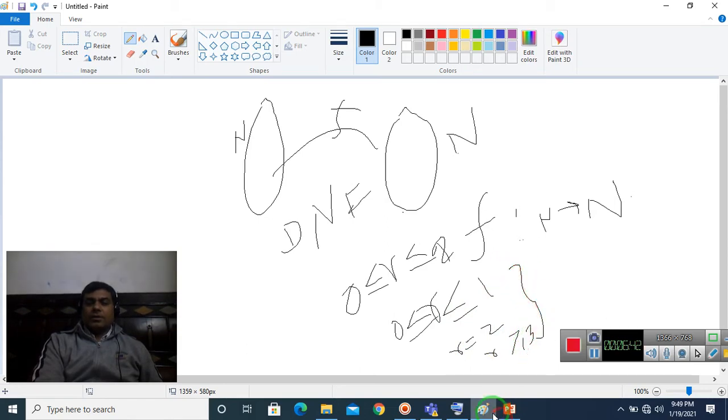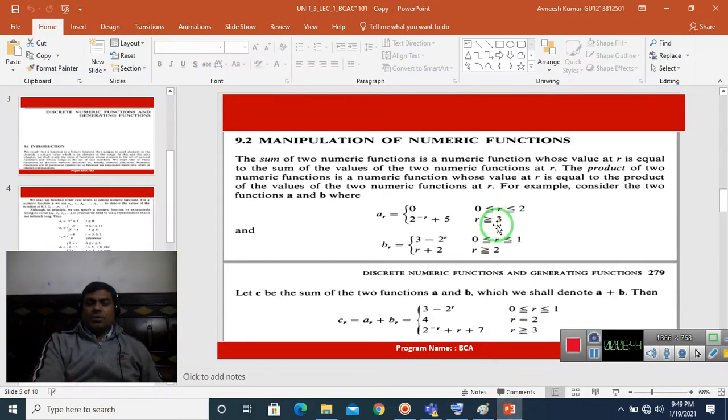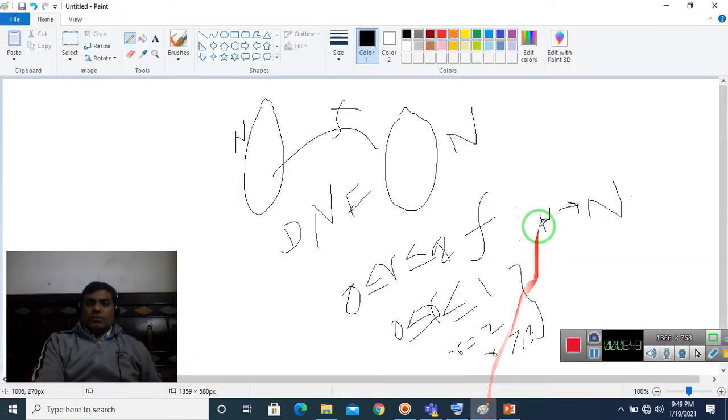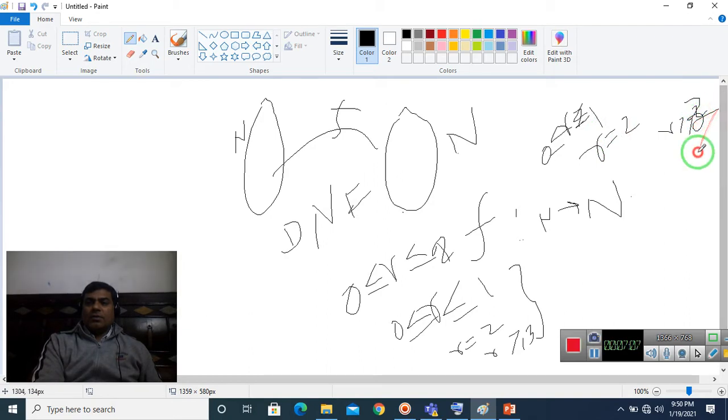This is the range of the first variable. Okay, now we will break this. So r between 0 and 1 is the given range, but we have r greater or equal 3, r greater or equal 2. So we can break like this: r equal to 2 and r greater or equal 3.